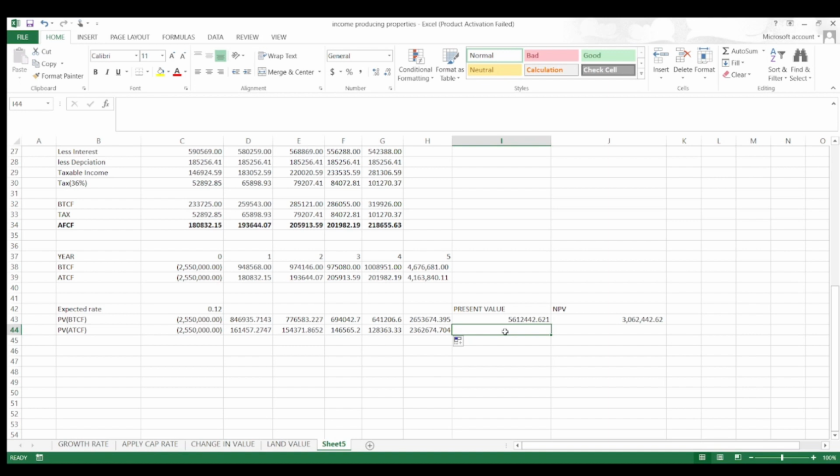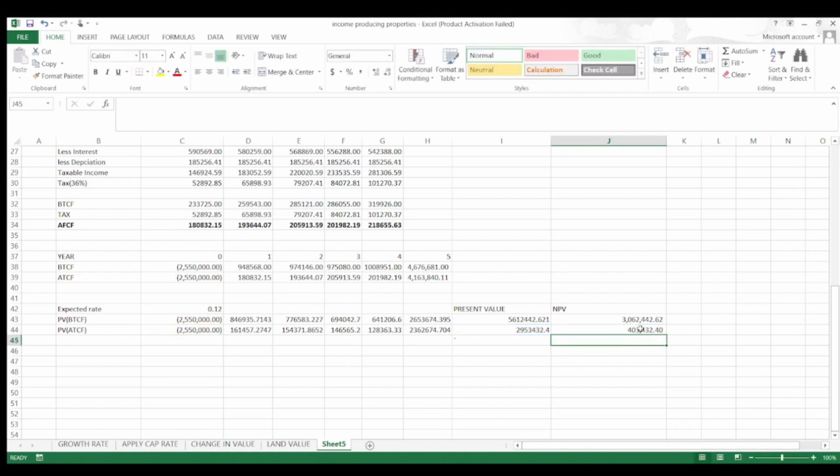So for us to get the total present value from year 1 to year 5, simply get a sum of all the cash flows. And for us to get the net present value, we'll take the present value of the positive cash flows and less the initial amount paid for the investment.